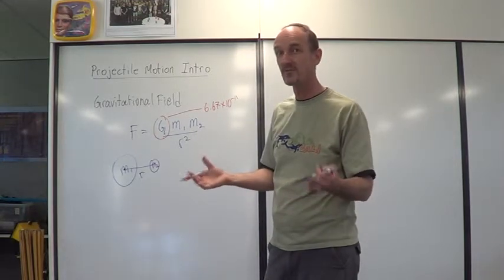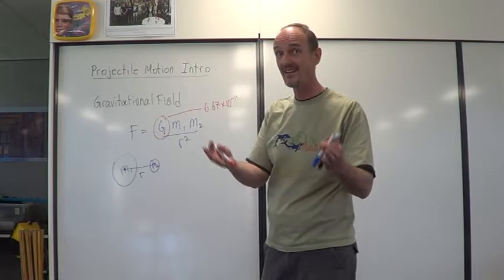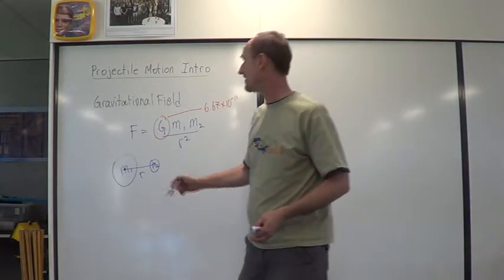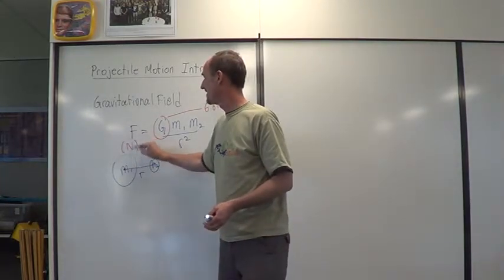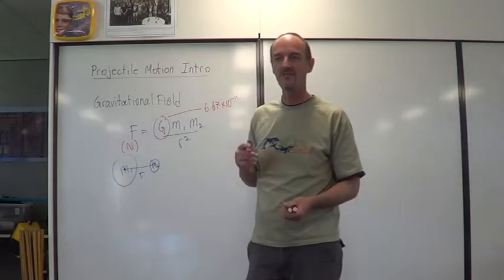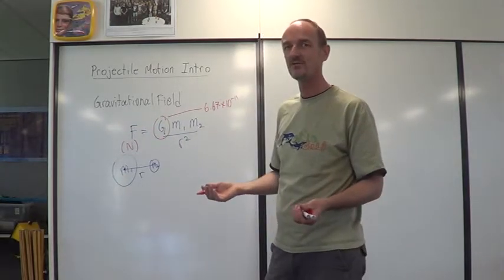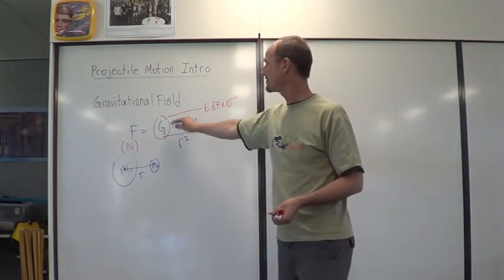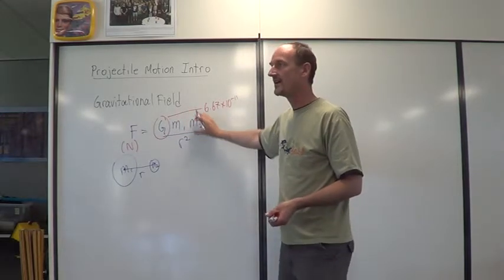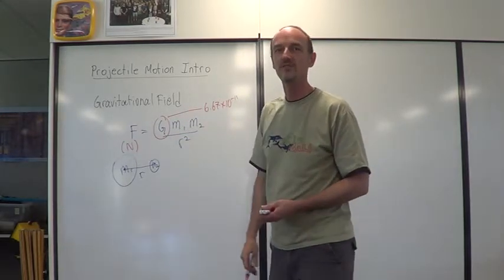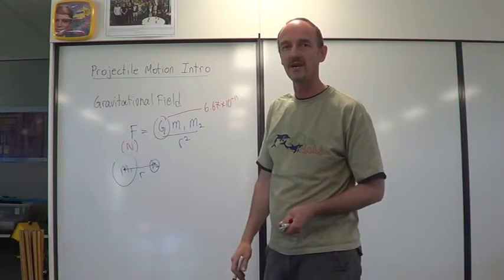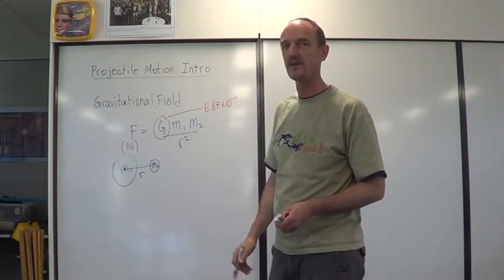Is everyone familiar with the units of force? They are newtons. If we want to have an understanding of how much the force is, then we need this constant here so that our answer will be given in newtons and we can compare it to any other force we might be familiar with.